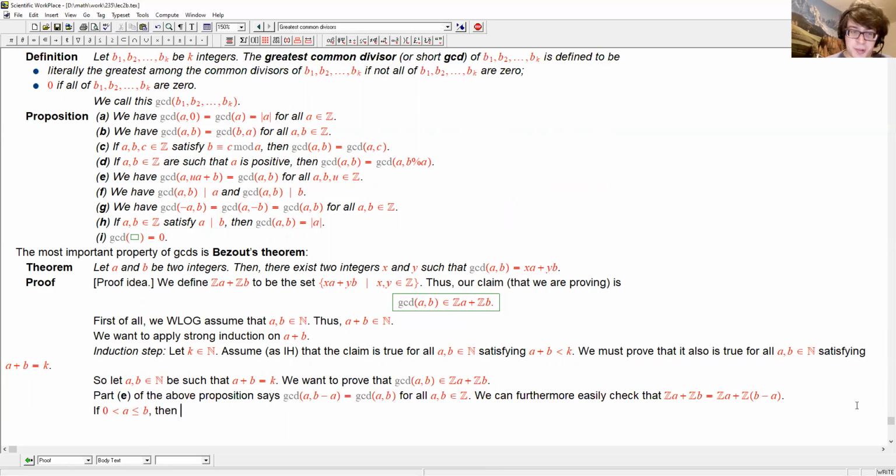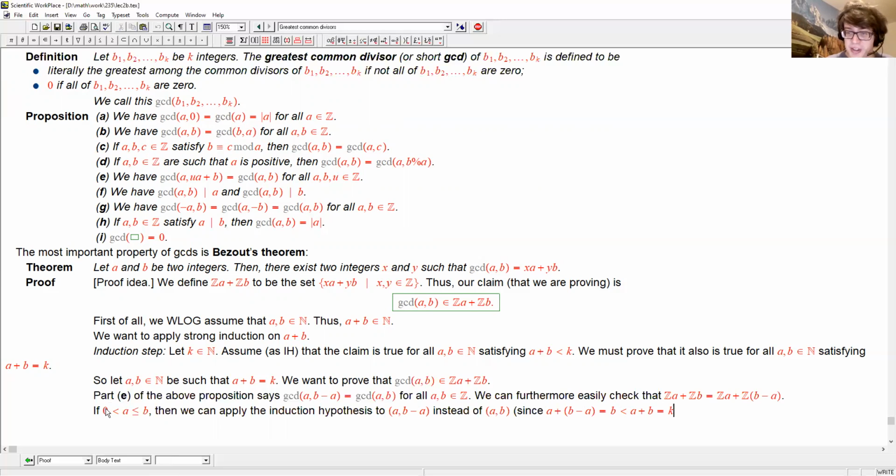So if 0 less than A less or equal to B, then we can apply the induction hypothesis to A, B minus A instead of A, B, because A plus B minus A is B, which is less than A plus B, because A is positive.